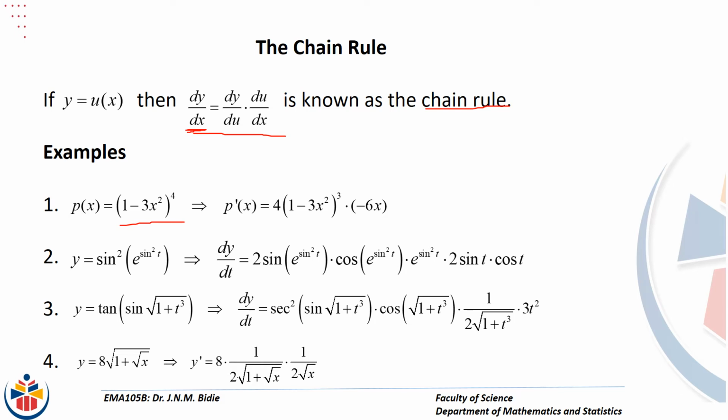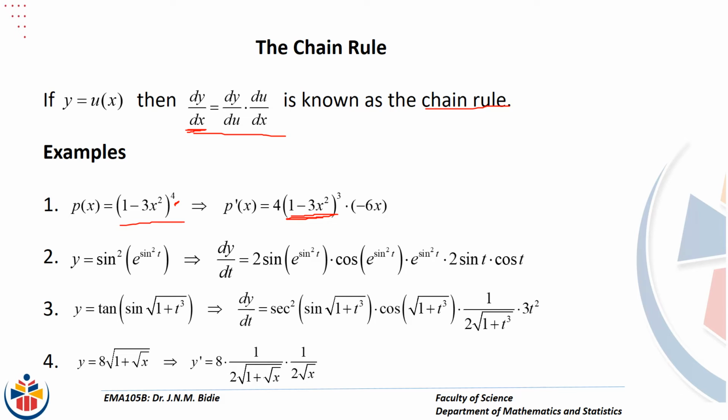To find the derivative, the first thing we do is find the derivative of the outer function, the power 4. We use the power rule. We know the derivative of x to the power 4 is 4x cubed. So we use exactly that, taking 1 minus 3x squared as a combo, so that it's 4 times that combo to the power 3.